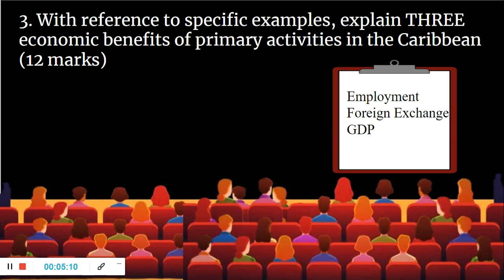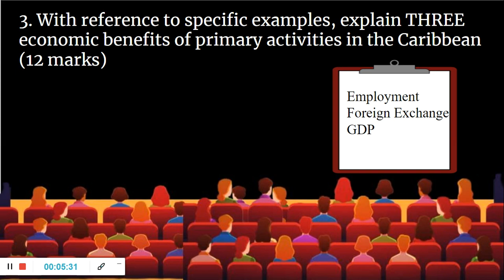All right. So perhaps the examiner will give you 1 mark for listing the benefit, and then another 3 marks for explaining why that factor is a benefit. All right.